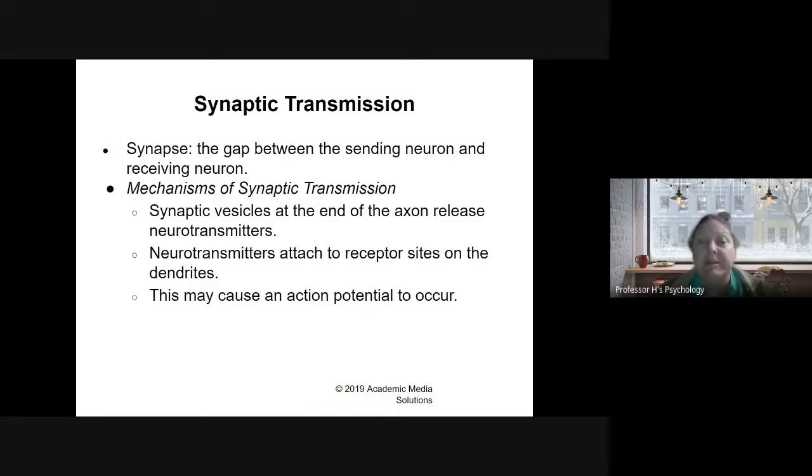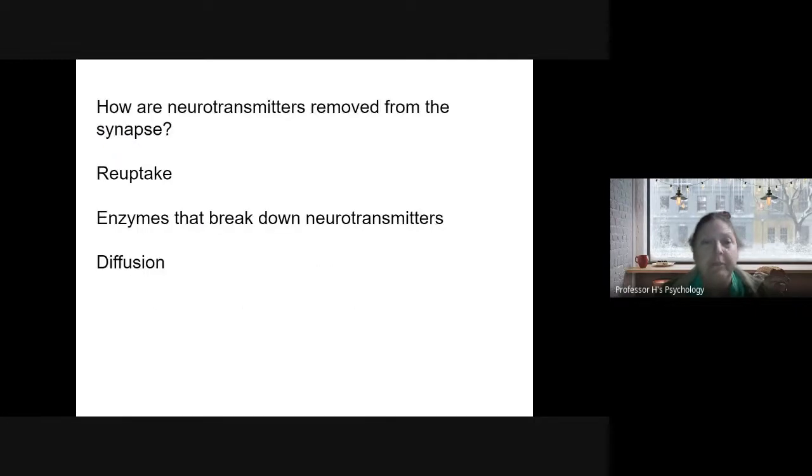Remember the mechanisms of synaptic transmission: synaptic vesicles at the end of the axon merge with the cell membrane, and that neurotransmitter is released into the synapse. The neurotransmitter then binds to receptor sites on the dendrites of the downstream neuron, and this can lead to an action potential in that downstream neuron.